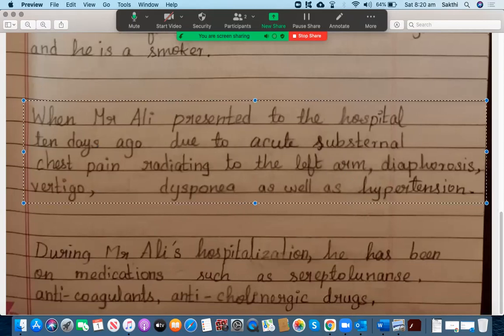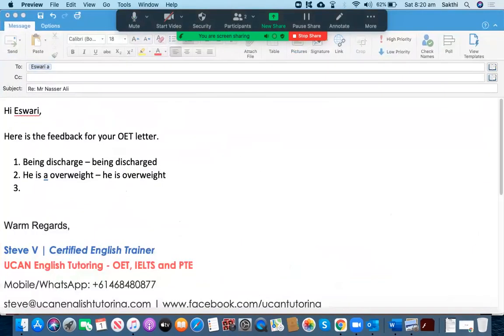The reason is that she has used "when" here. So she should have removed this one, because when you use "when someone presented to the hospital with some complaints", comma, there should be a second part of the sentence, but that's not written down. So "when" needs to be removed from here. So it should be just Mr. Ali. That's it.